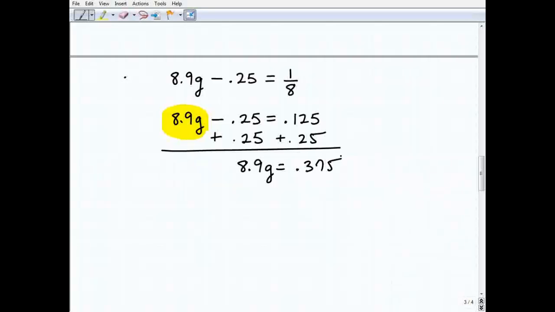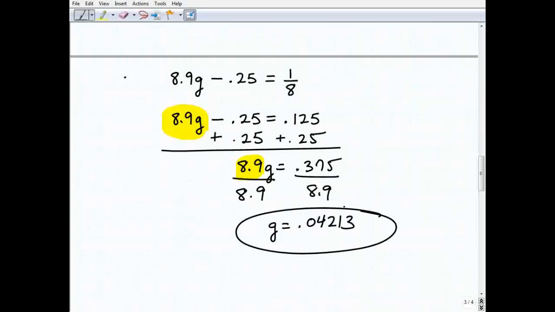All right, so we have 8.9g equals 0.375. To solve for g, I have to divide both sides of the equation by 8.9. So g is going to be equal to 0.375 divided by 8.9, and I get 0.04213 or so, let's call it.